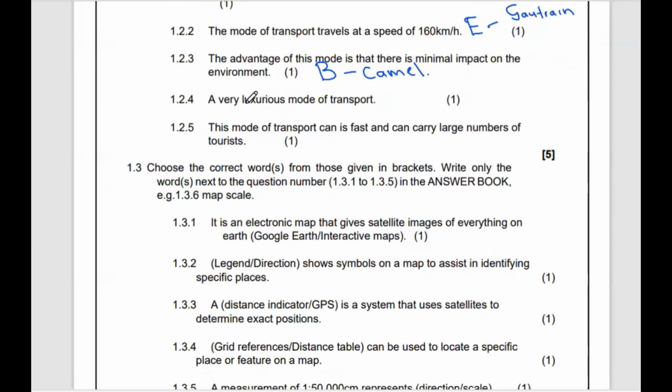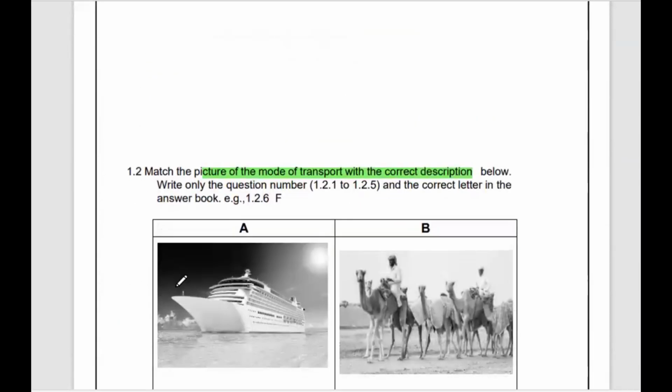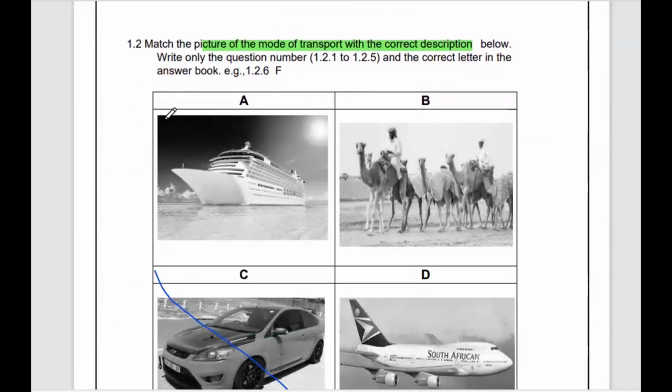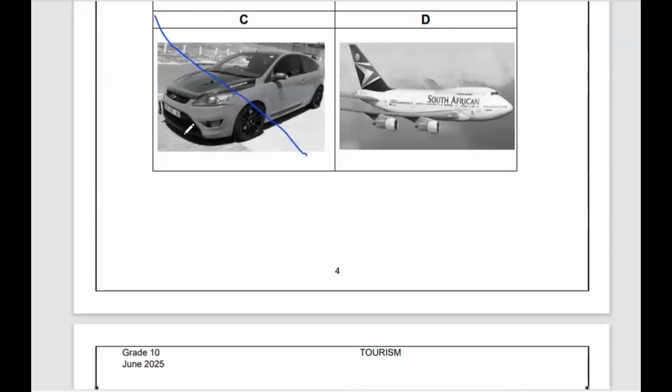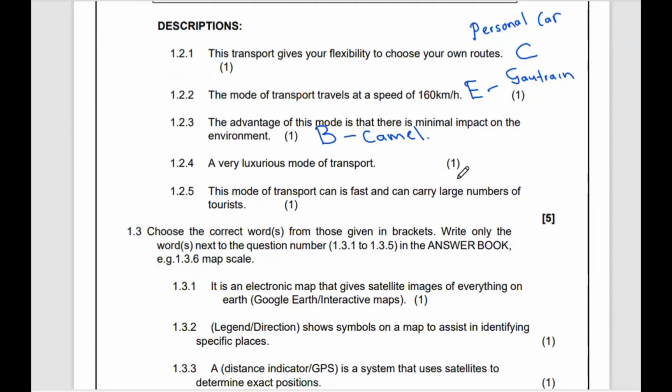It reads, a very luxurious mode of transport. A very luxurious mode of transport in this case would be the cruise ship. If you look at it, it is literally a floating hotel with all facilities and services provided on site. So a cruise liner would be the correct option for this one.